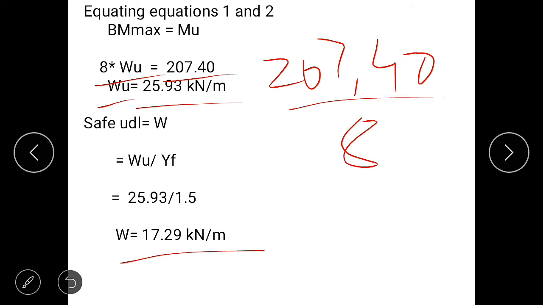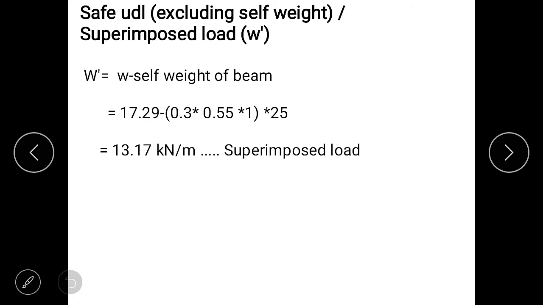So our W is 17.29. Now we have to calculate the safe UDL, in our example excluding self weight.